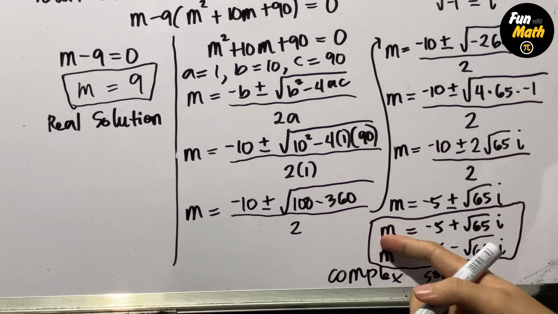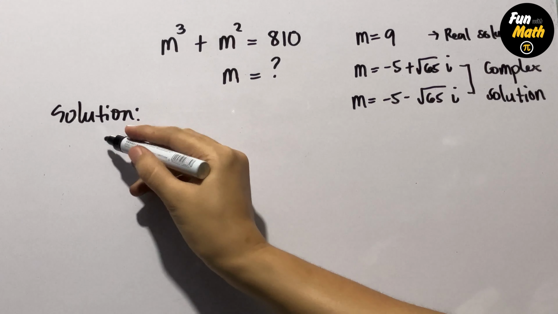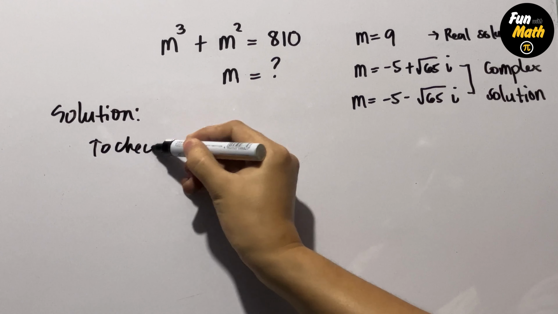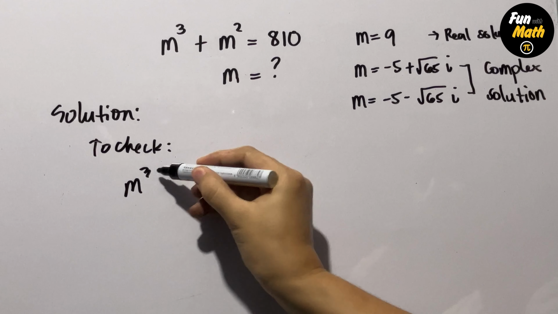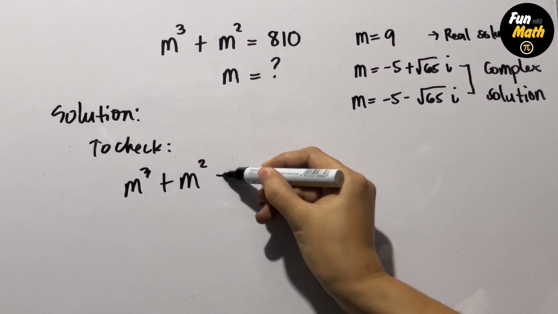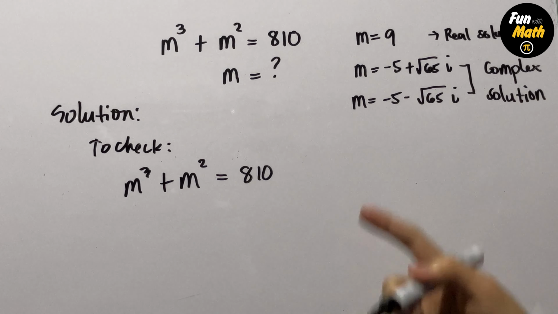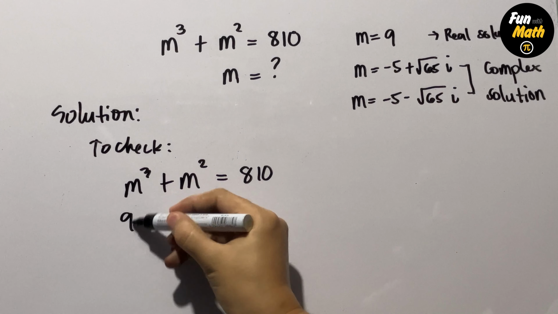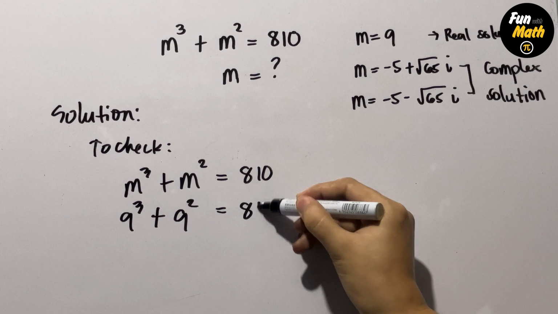Now we can check using our real solution, that is m is equal to 9. To check, let's bring down the original equation. m cubed plus m squared is equal to 810. Now substitute the value of m. That is 9 cubed plus 9 squared is equal to 810.